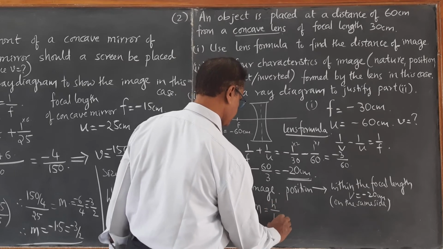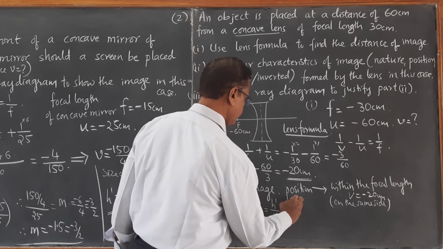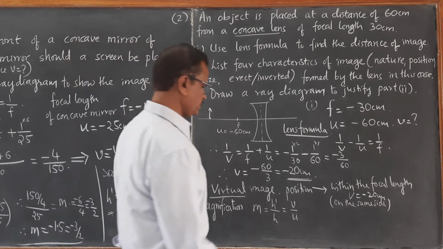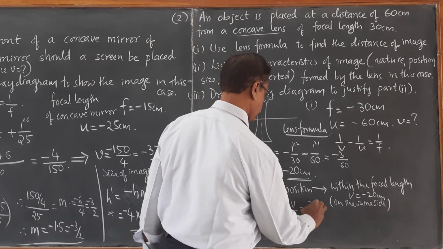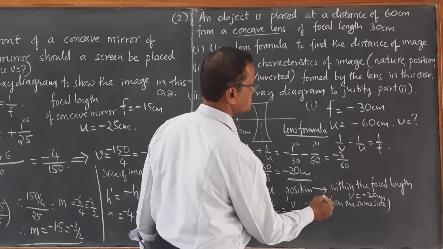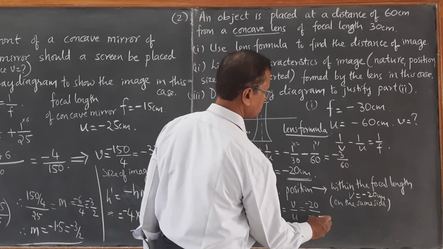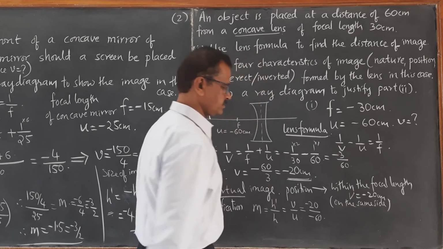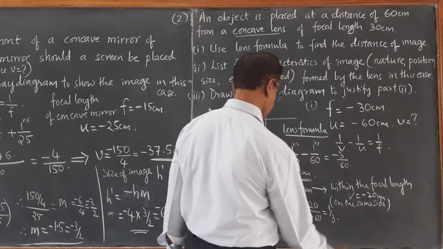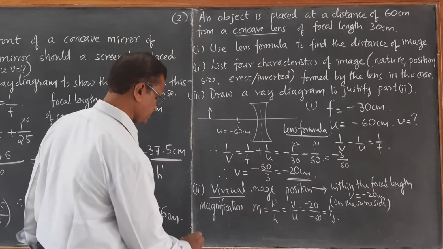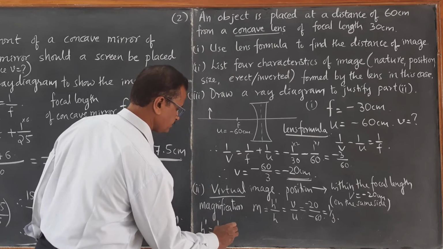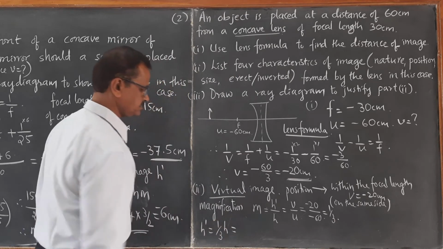H dash by H is equal to V by U. V is minus 20, U is minus 60. So it becomes 1 by 3. So magnification becomes 1 by 3. Therefore, the height of the image is 1/3 of the height of the object.